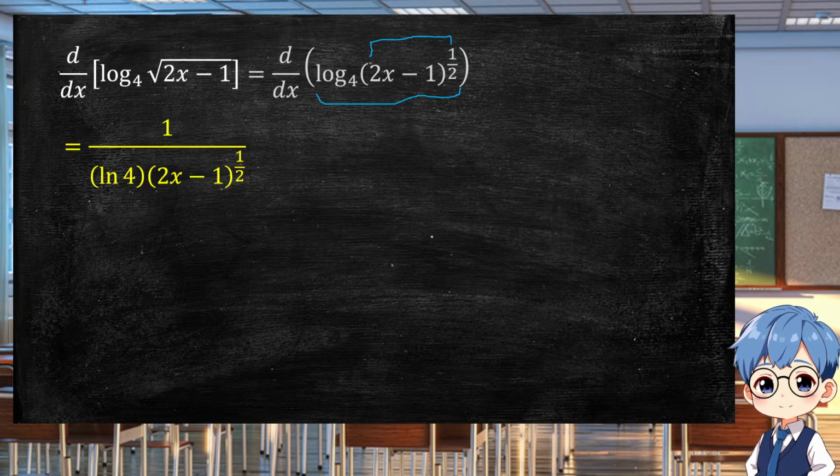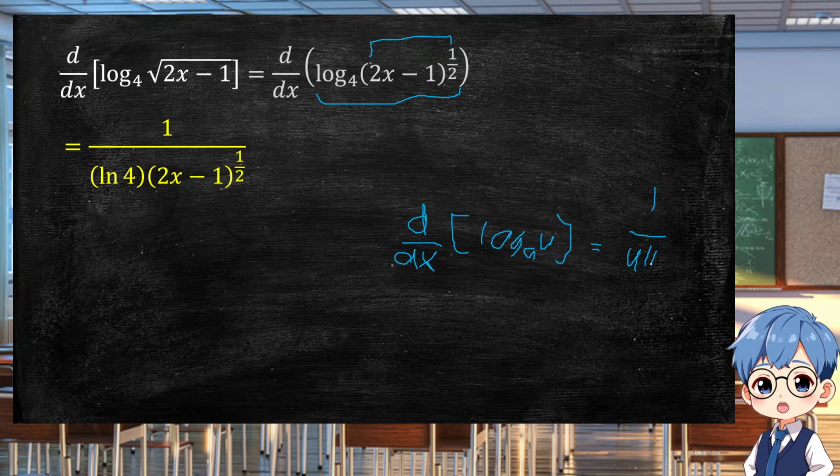Take note, the derivative of log to the base a of u is almost the same as ln of u. It's just 1 over u, but we have an extra ln of a. And then times the derivative of the argument, du over dx.